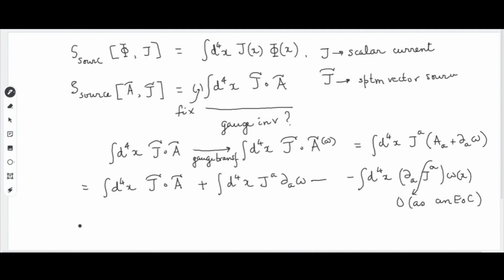Okay? So now the task is to pick an action S, which is equal to S Maxwell plus S source. In the S source here, I have left a constant to be fixed by you.